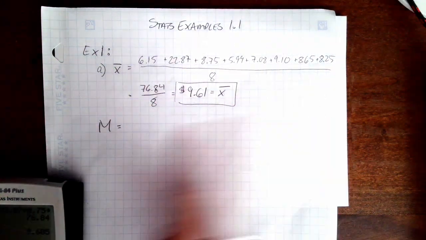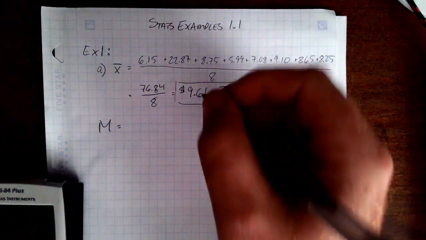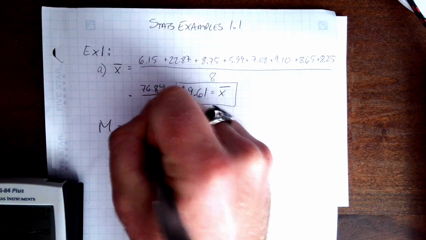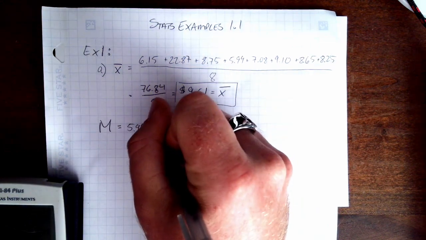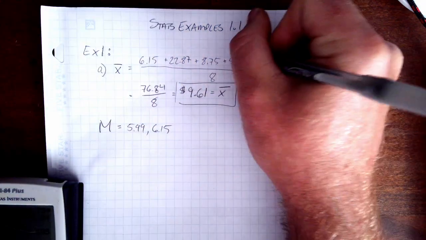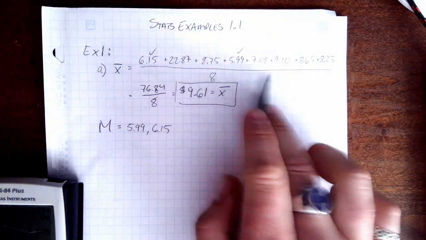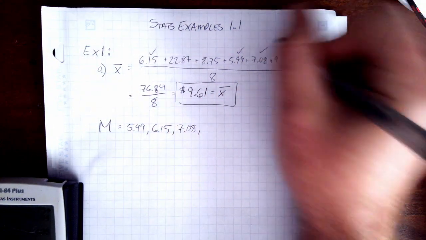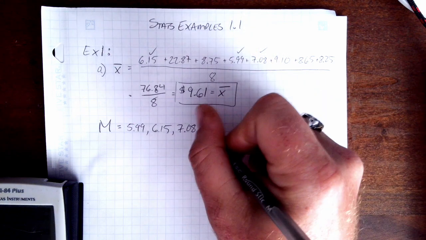So we could hunt through here and find the smallest number, which is 5.99, then our 6.15. Maybe check them off as you go. Next lowest would be in the 7 range. Then we have a few 8s.